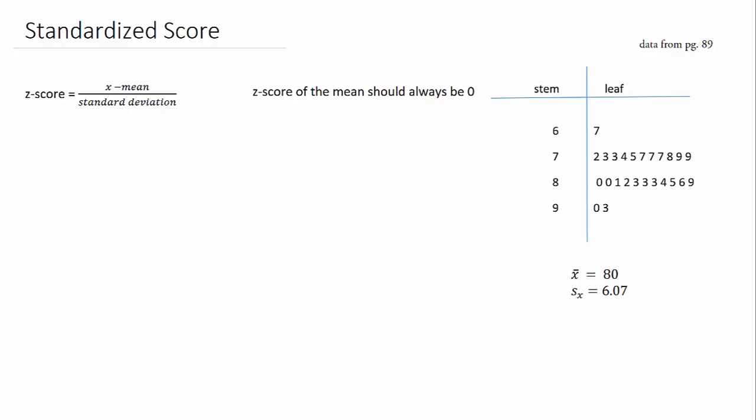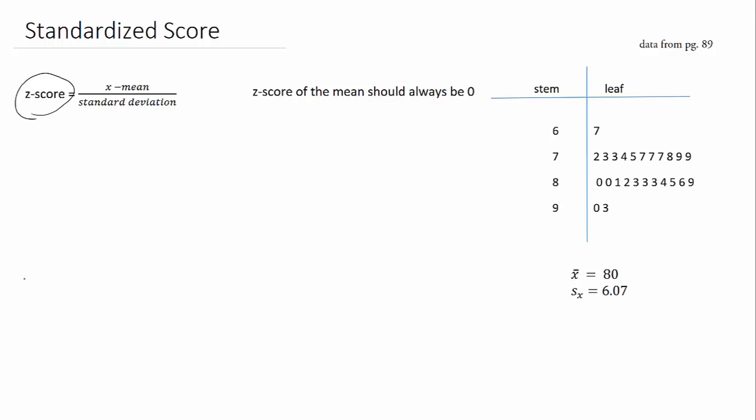Another term for standardized score is z-score. A z-score tells us how many standard deviations from the mean an observation falls, and in which direction. So if you think about it, the z-score of the mean should be 0, because it tells you how many standard deviations from the mean you are.